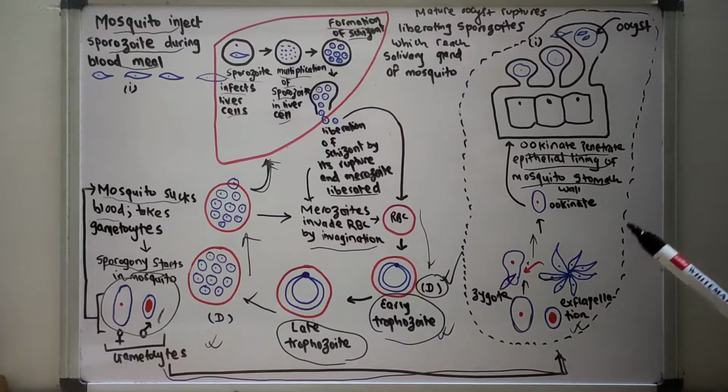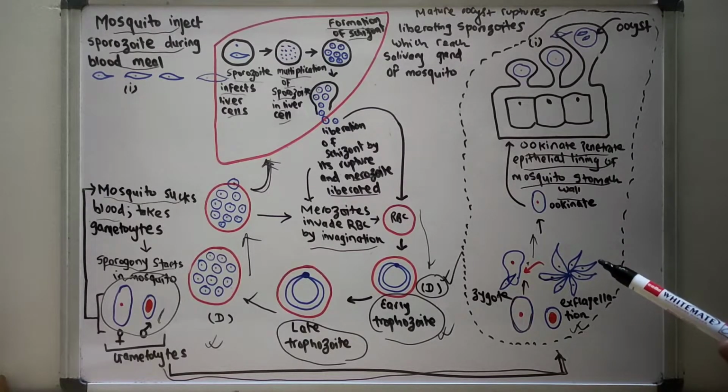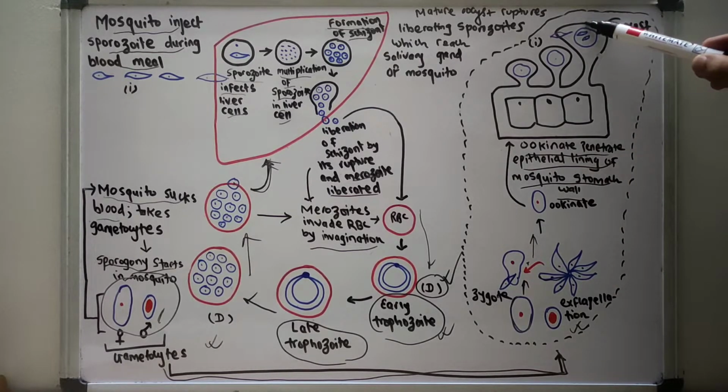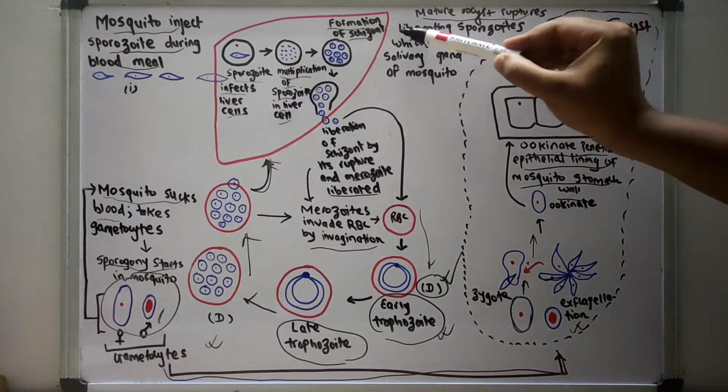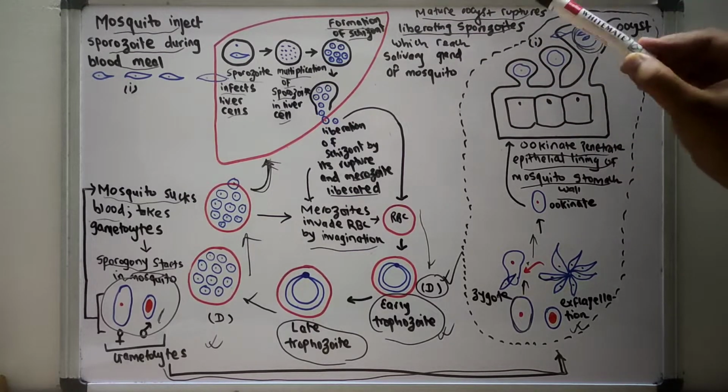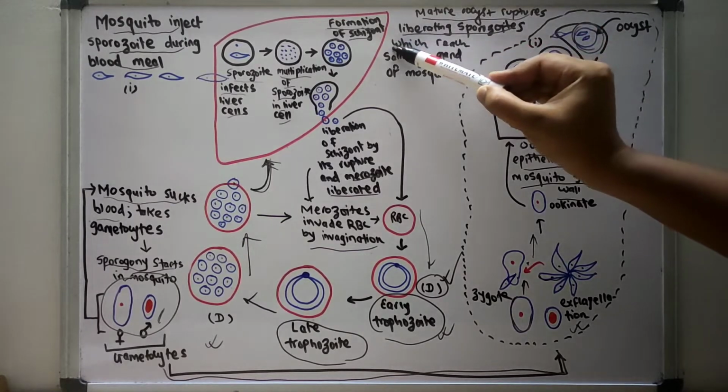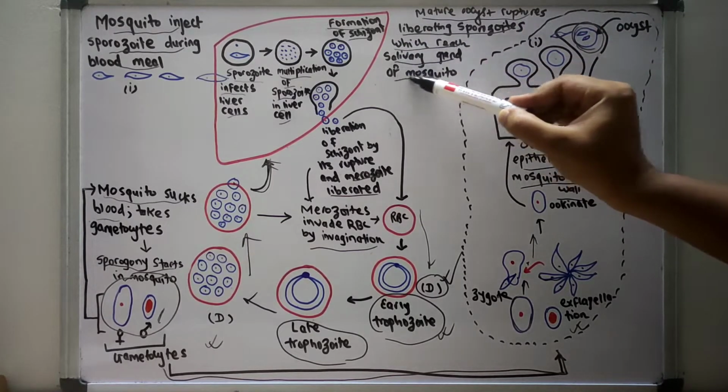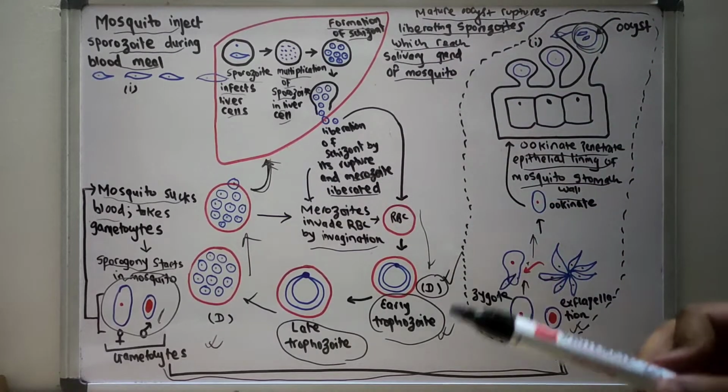Inside the oocyst there are lots of sporozoites, and these sporozoites are multiplying rapidly. Upon the rapid multiplication, the mature oocyst ruptures and liberates the various sporozoites. These sporozoites reach the salivary gland of the mosquito, awaiting another blood meal.